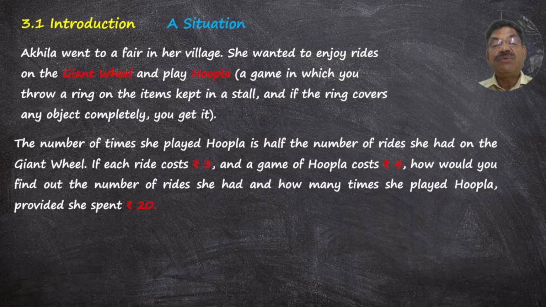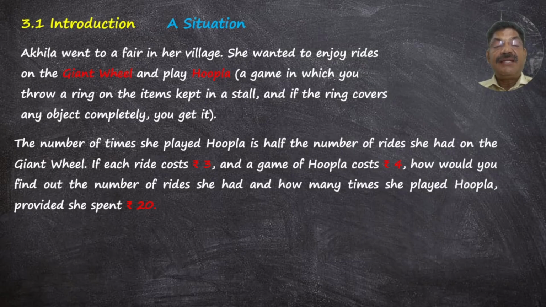What we are going to do is construct a mathematical model representing this situation. When you construct a mathematical model, to your surprise, it will be a pair of linear equations. So that is the underlying fact. So we have to construct a model for this.